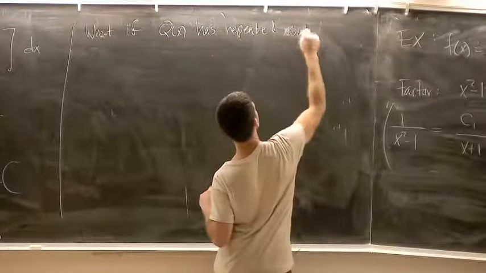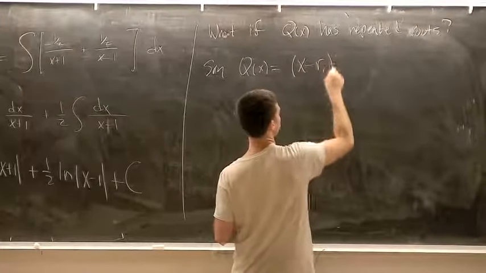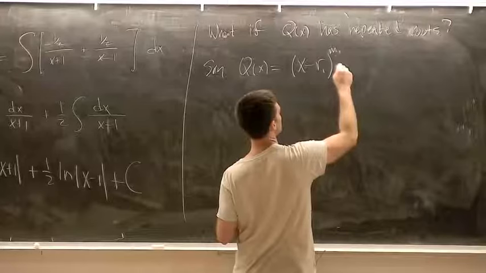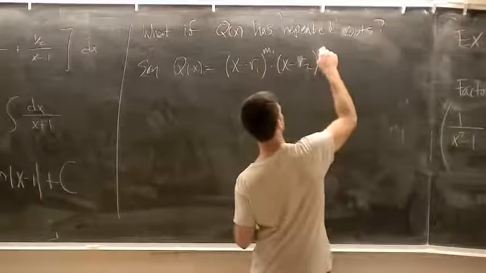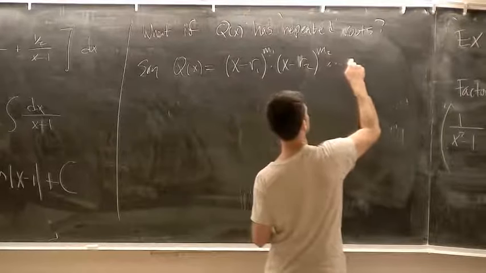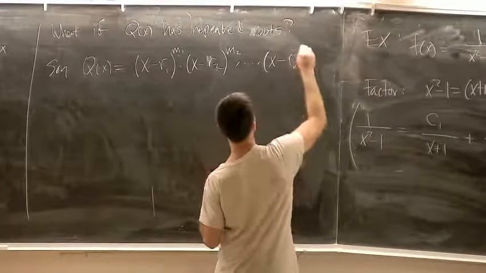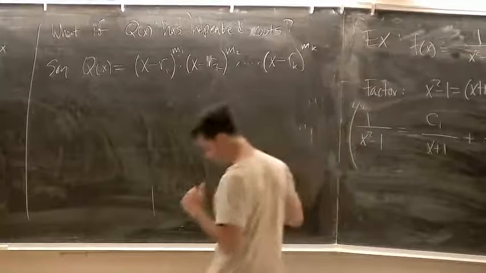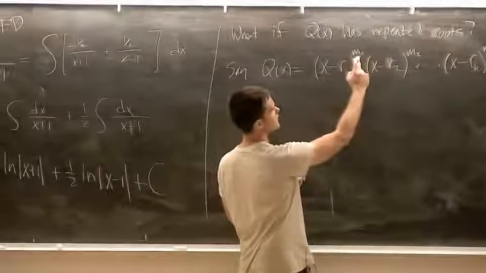Let's say that q of x is x minus some first root to some power, x minus some other root to some other power, and x minus some other root to some other power, where each one of these roots is distinct, but each one has multiplicity.